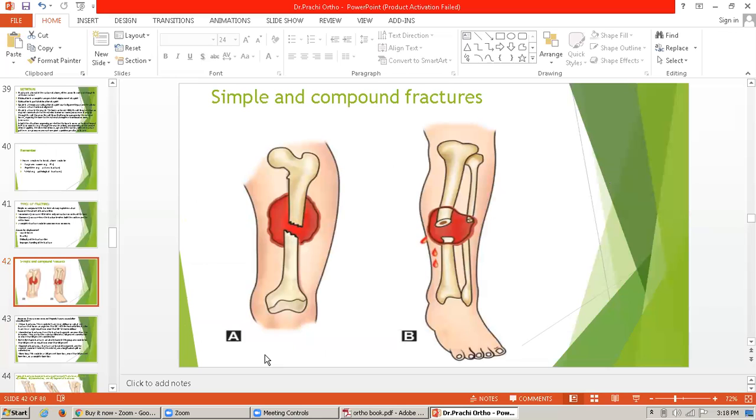So this is a diagram of a simple fracture. And this is a diagram of a compound fracture. In that we can see that the two bones are fractured here with great loss of the surrounding tissues, and in the simple fracture there is a single fracture, a complete fracture, without loss of the surrounding tissue.